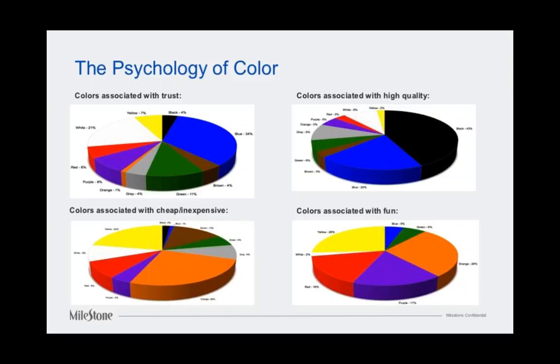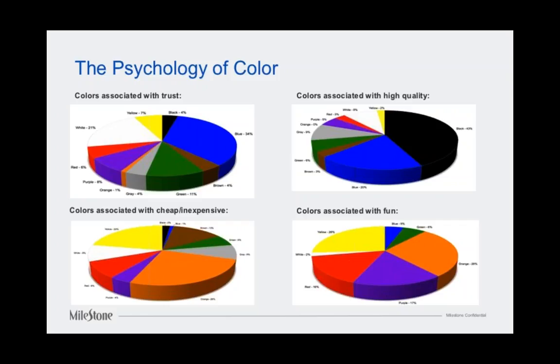And of course, on the top right, we have high quality. As I'm sure a lot of you have seen, if you're looking through the web and you find a really upscale restaurant, for example, they usually have dim lighting, a lot of dark colors, things like that. So you see here, black is primarily associated with high quality, and even blue as well. But yellow is a warm primary color.